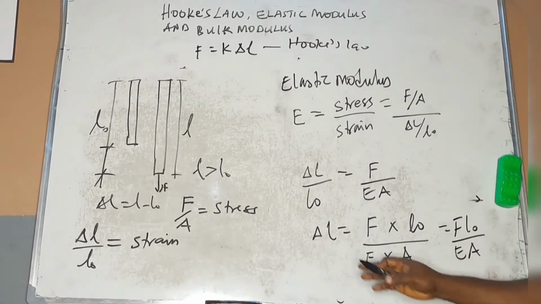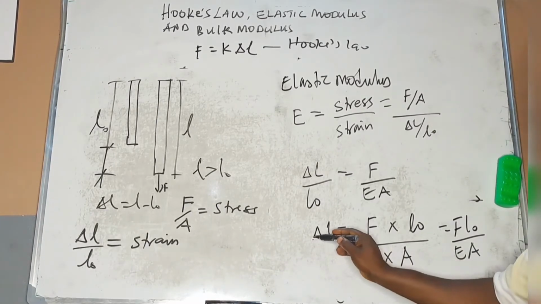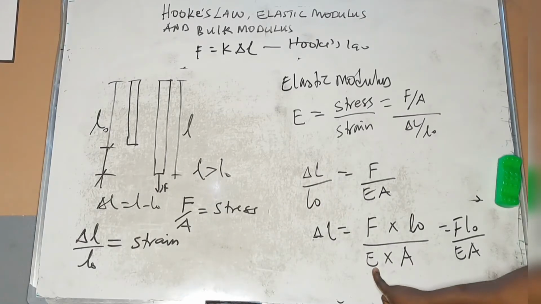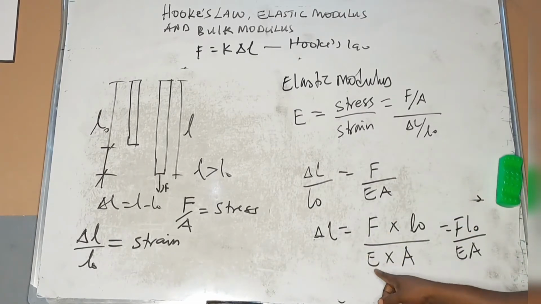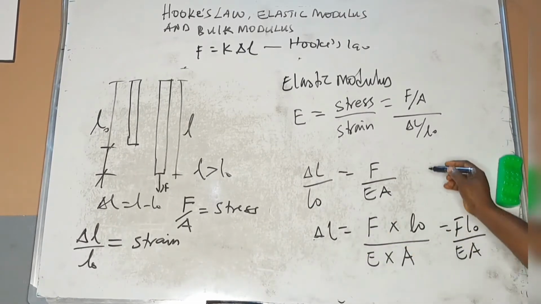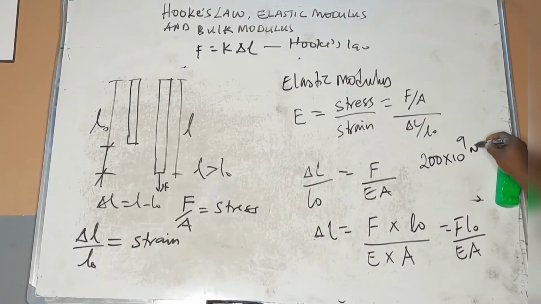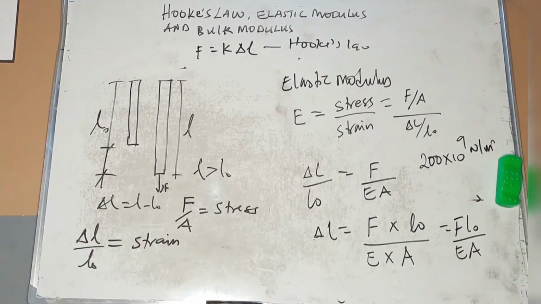Now, what is the implication of this? This deformation, if you're using a material, Young modulus depends entirely on the nature of the material. So, for instance, steel has a Young modulus of 2 times 10 to the 11 Newton per meter squared.